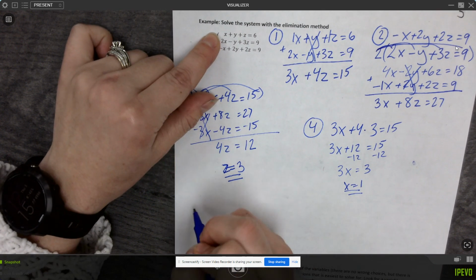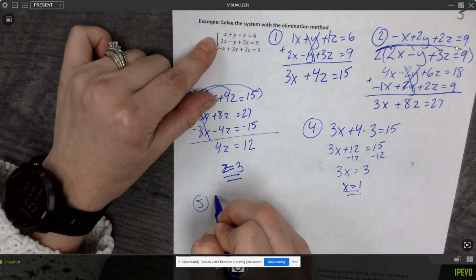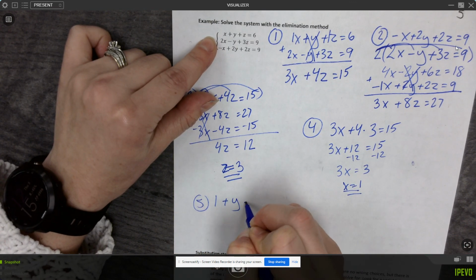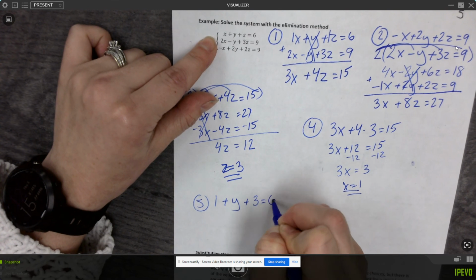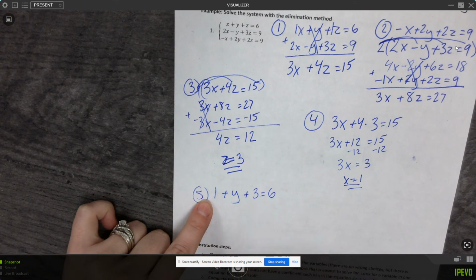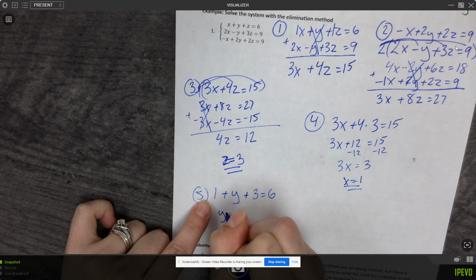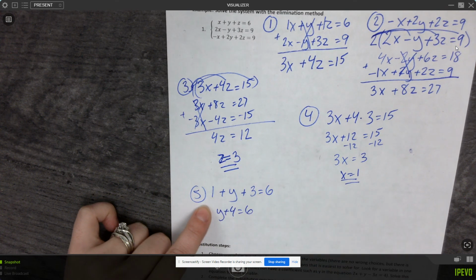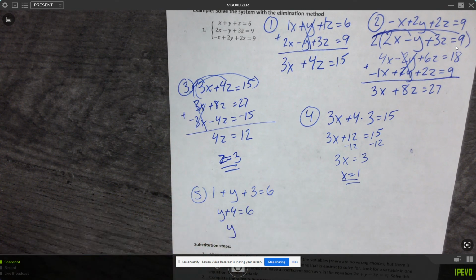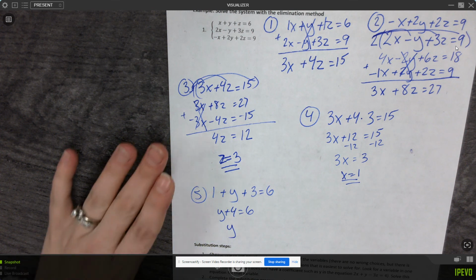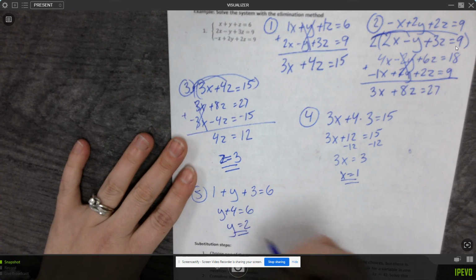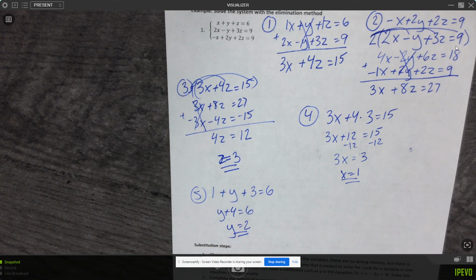So I'm going to plug in x is 1 plus y plus z is 3 equals 6. 1 plus 3 is 4. So y must be, what plus 4 equals 6? 2. So y equals 2.